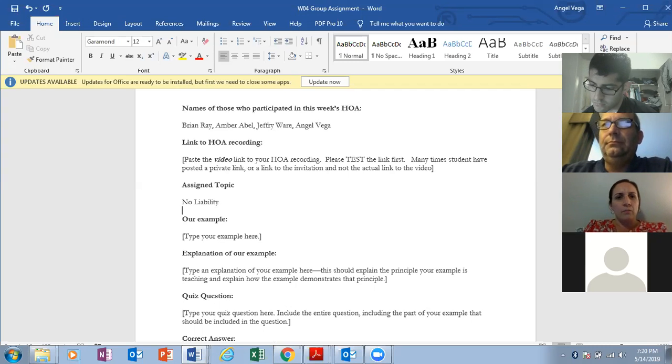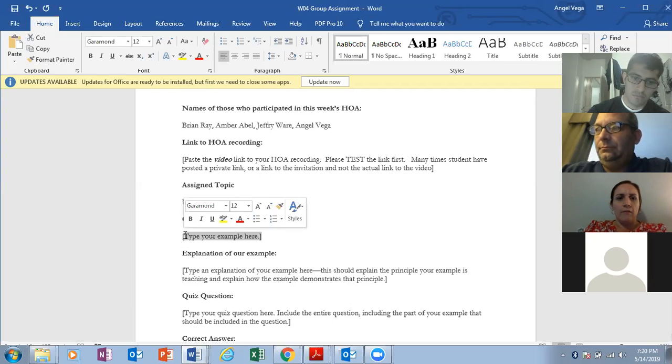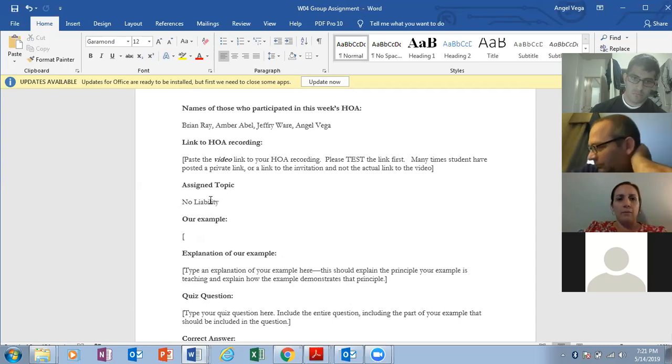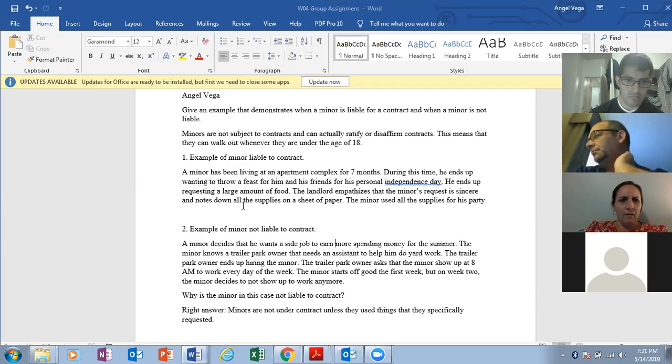Any expression of the minor's intention to avoid the contract will accomplish avoidance. So a minor can avoid a contract during his minority status and only for a reasonable time after he reaches the age of majority. After a reasonable period of time, the contract is deemed to be ratified and cannot be avoided. And then it gives an example of Helen.